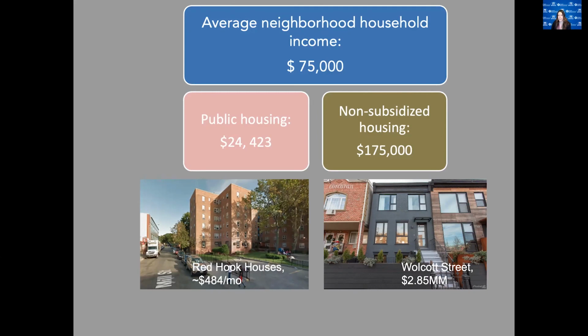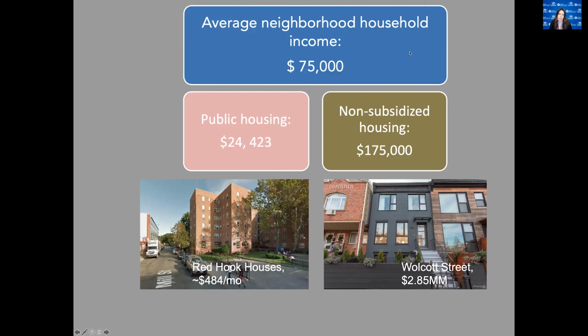But in reality, that number does not reflect the average income in Red Hook. Red Hook is two separate places, two distinct ways of living in Red Hook. So in public housing, the average household income is $24,423, whereas in the non-subsidized housing, it's much, much greater.